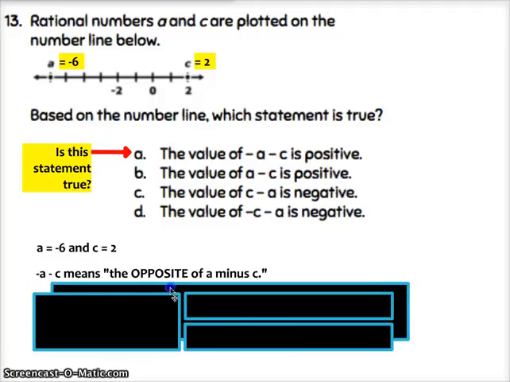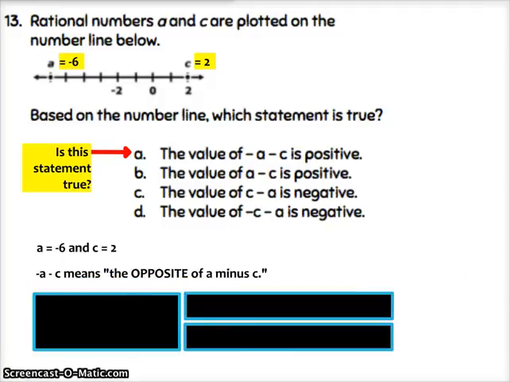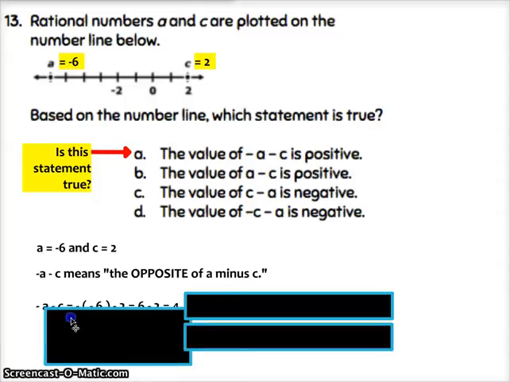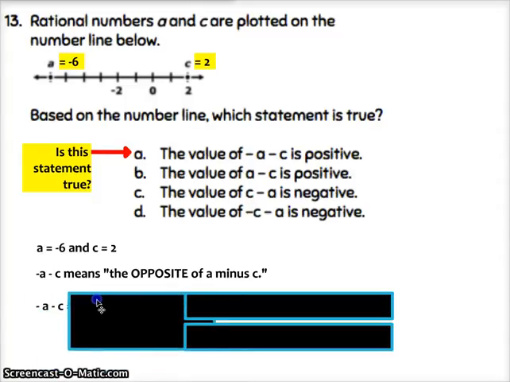Now remember that -A minus C means the opposite, right? That's what this means. The opposite of A, take away C, or minus C. So here we go. We have -A, take away C, which is the opposite, right? So the opposite of A is a negative number.